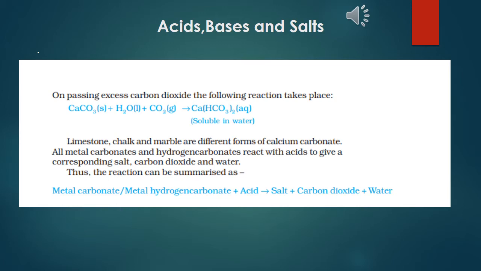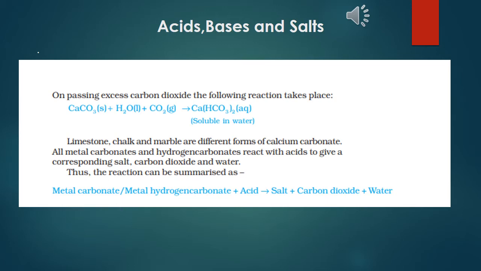Now if this calcium carbonate reacts with water and carbon dioxide from the surroundings, then again a soluble substance forms, and that is calcium hydrogen carbonate. Limestone, chalk and marble are different forms of calcium carbonate. Means limestone, chalk and marble are all calcium carbonate, CaCO3, but they are in different forms.